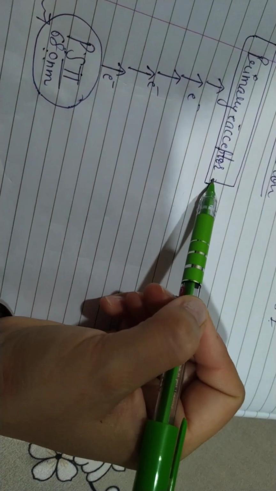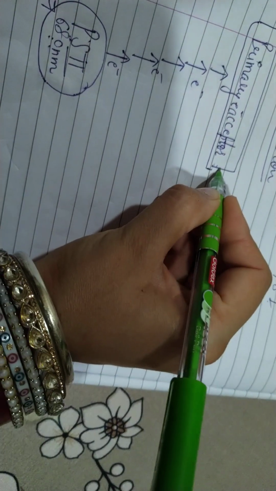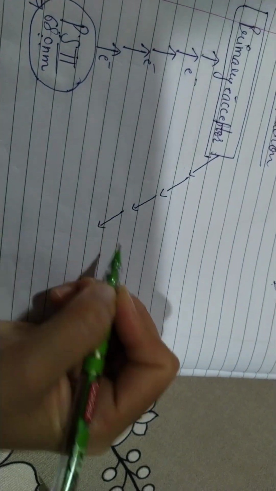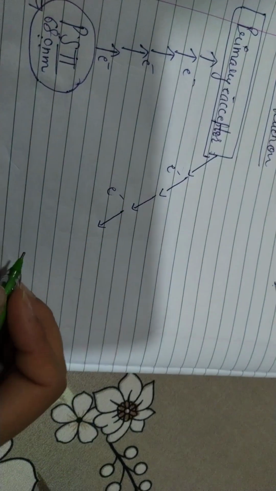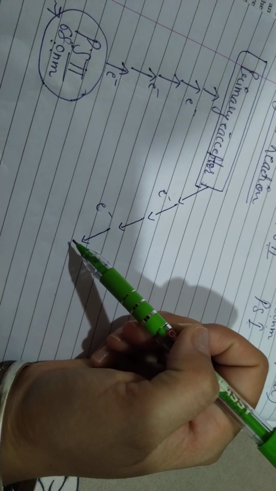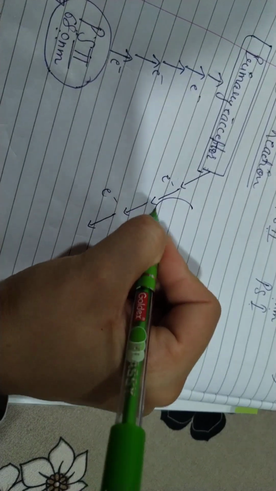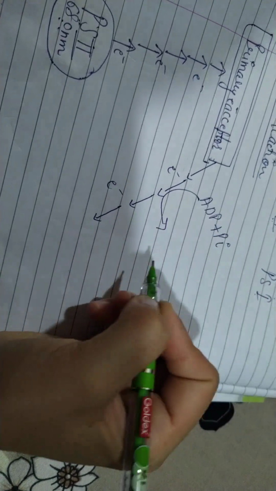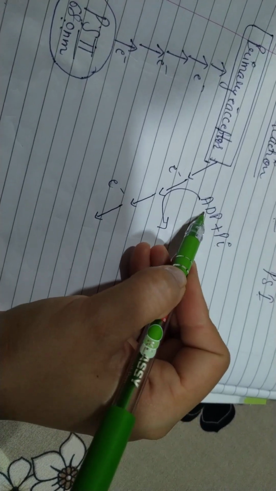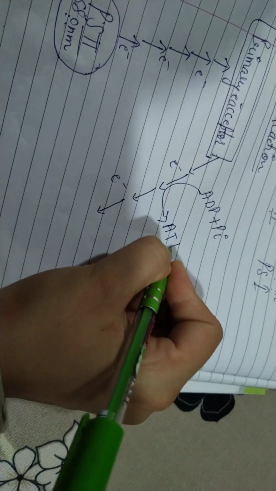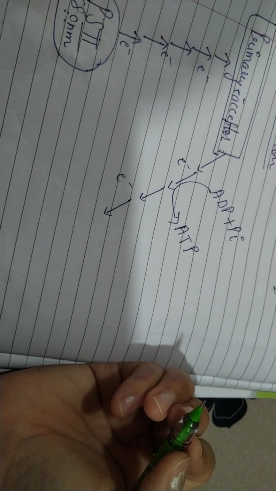Once the electrons reach the higher energy state, they will come back to the lower energy state, and while the electron is coming back from higher to lower energy state, energy is released, and that energy will be utilized for making ATP. Phosphate is added to ADP, adenosine diphosphate, and it is converted into adenosine triphosphate.